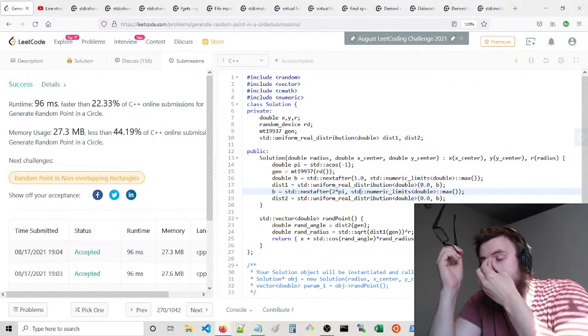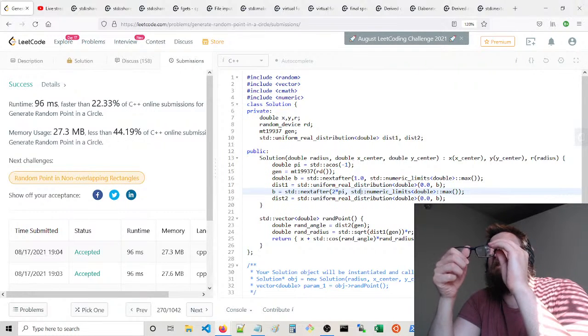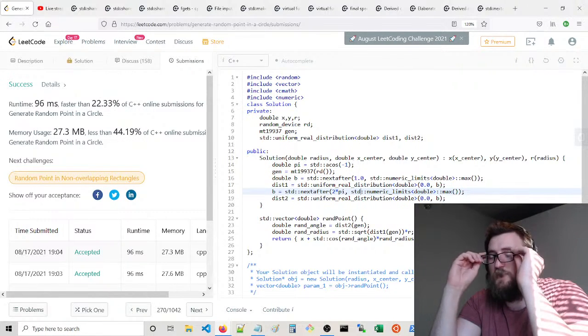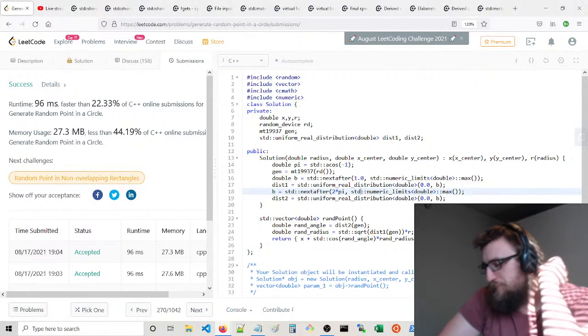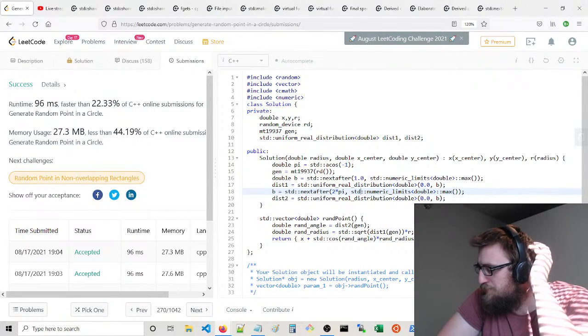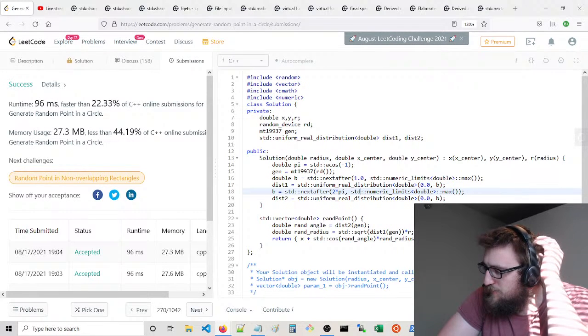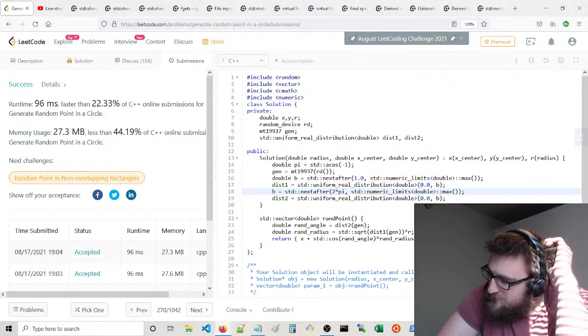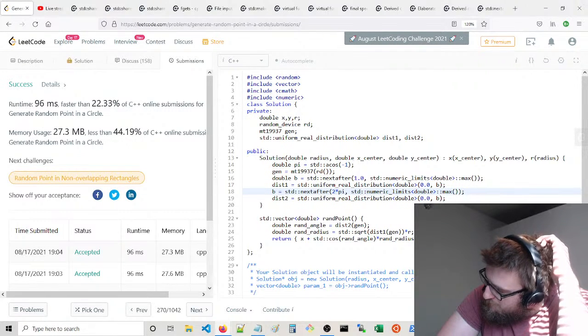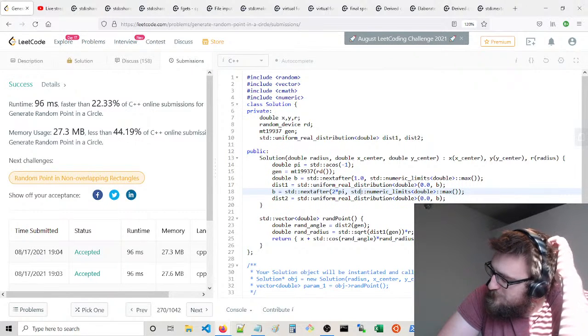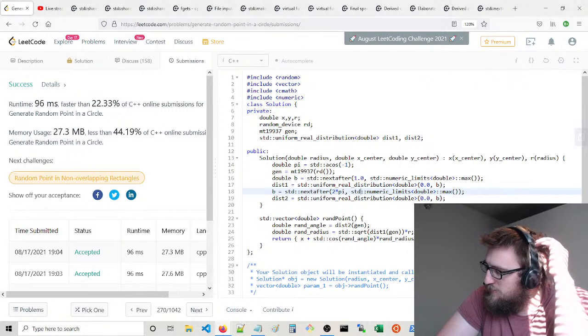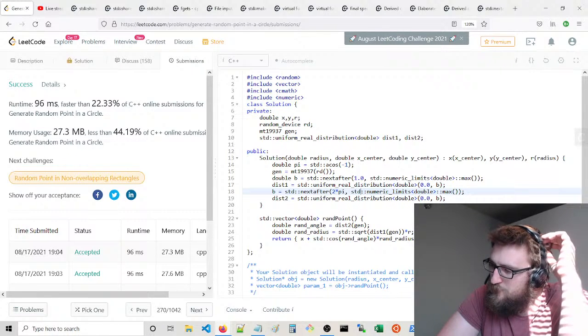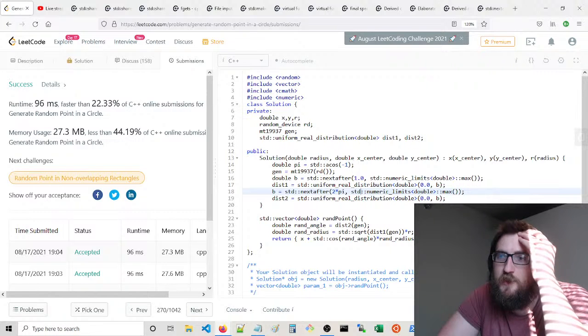Okay, here's the reason. Because the area of points increases quadratically as you increase the radius, that means the probability of any given point being in a circle with a particular radius, let's call it R0, the probability that you would select that point is one out of the total number of points, which is proportional to the radius squared.